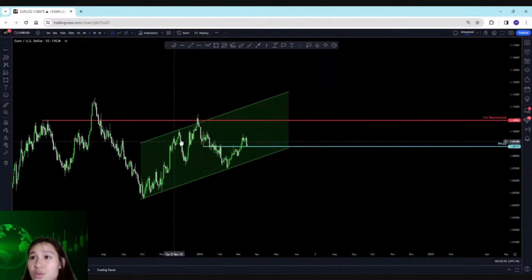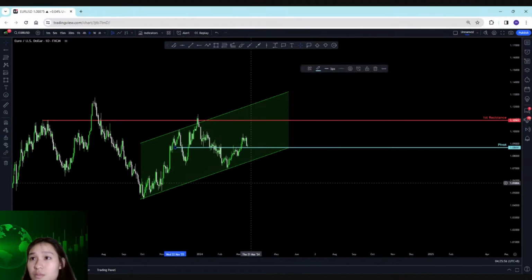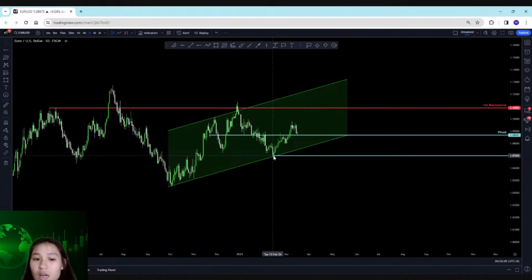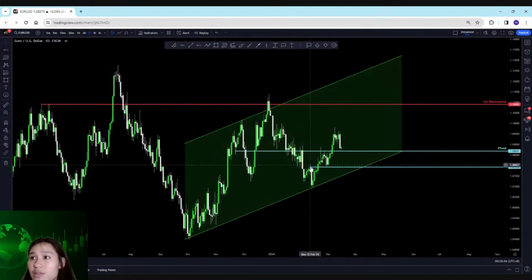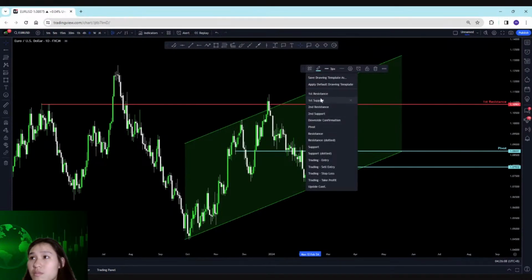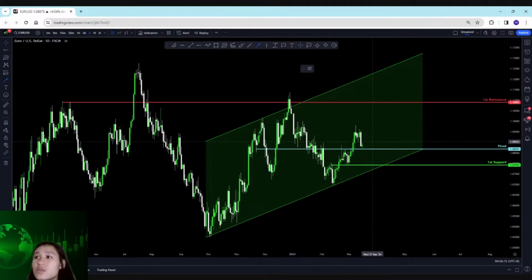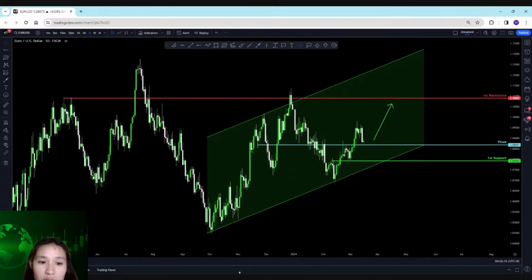Okay, here at this swing low instead. Okay, and lastly, our first support, I'm just gonna place it here at this overlap level here. Okay, so we're expecting price to continue moving in this ascending trend channel.